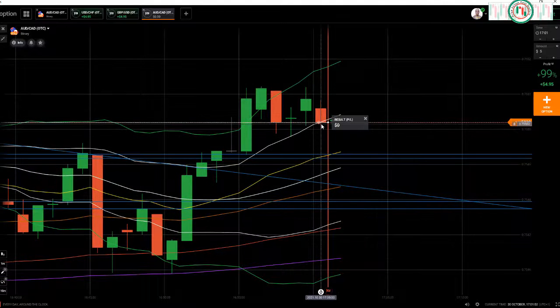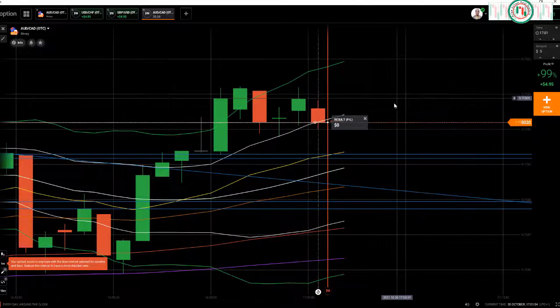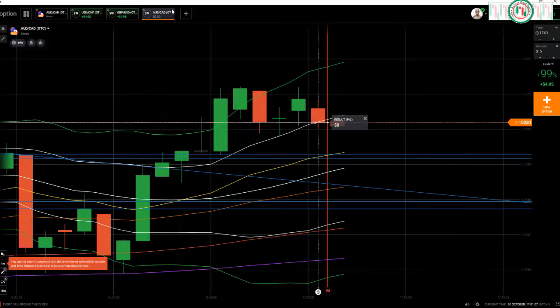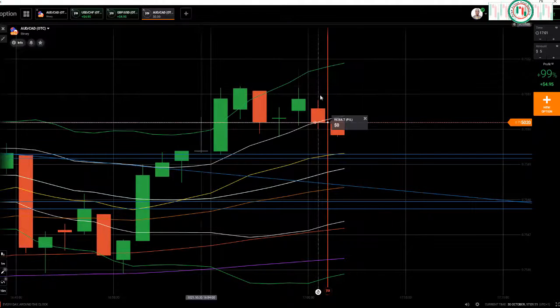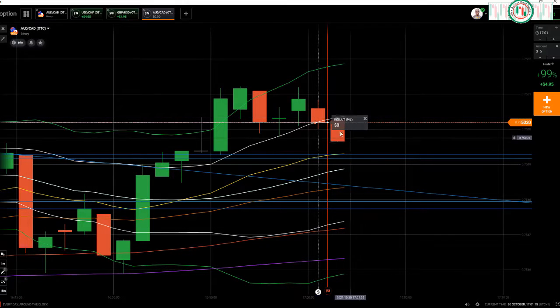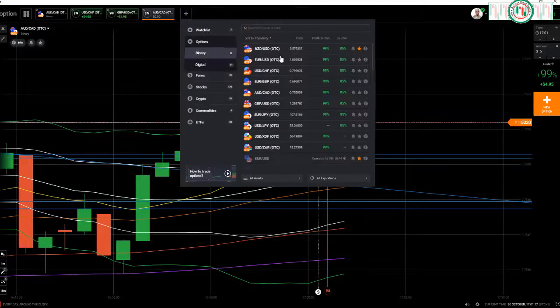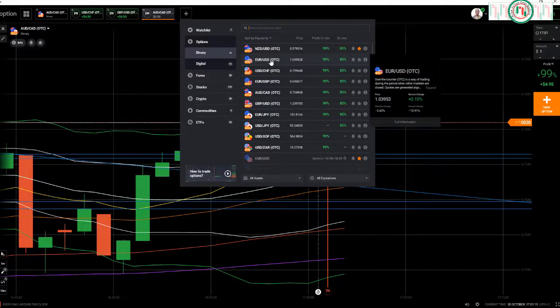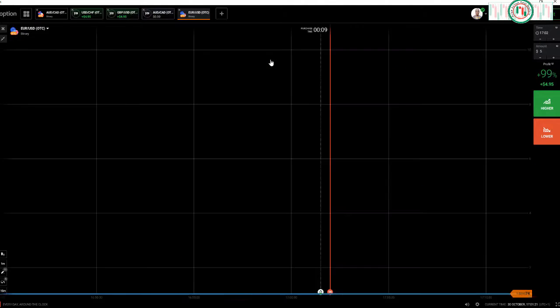This is a draw, it's no problem. You see, the next candle is breaking the level. This candle was supposed to break the level, but no problem. Let's change to another one.